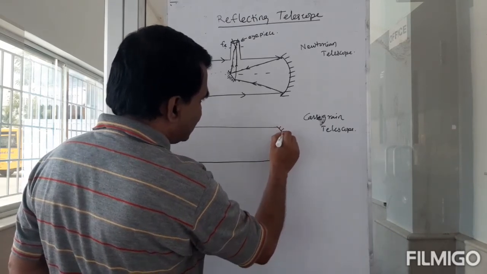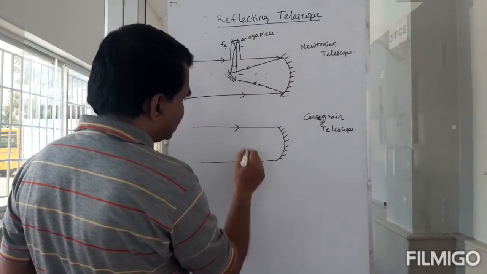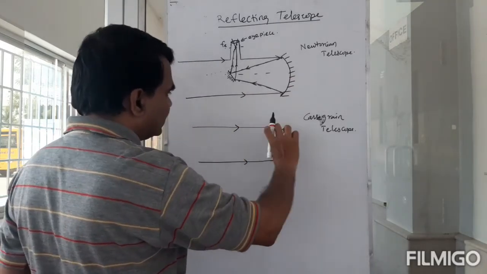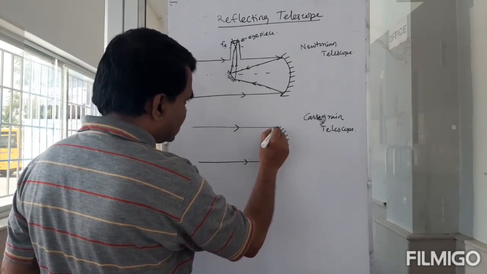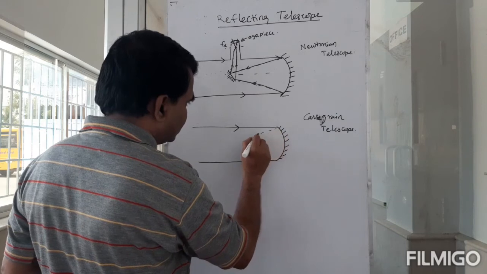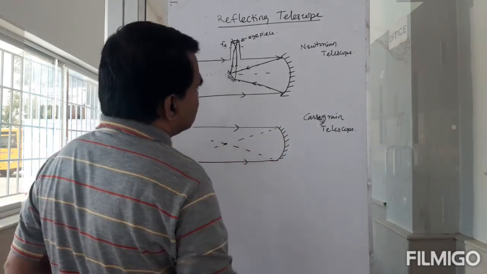This primary mirror is there as usual, and light falls on this and gets reflected. The light is converging here. Suppose this is the focal length. It's converging here.